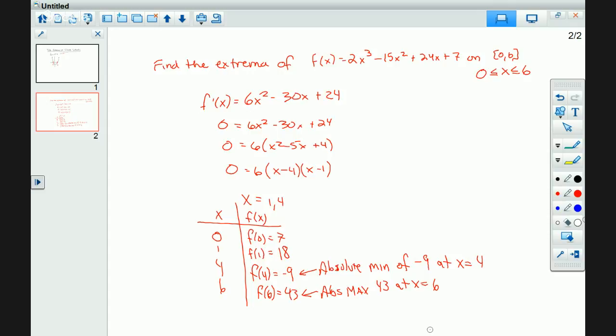And you can kind of sketch what's 0, 7, then it goes to 18, it goes to negative 9, then it goes to 43. So you can kind of see what that looks like, right? But we're not worried about anything outside of 0, 6.